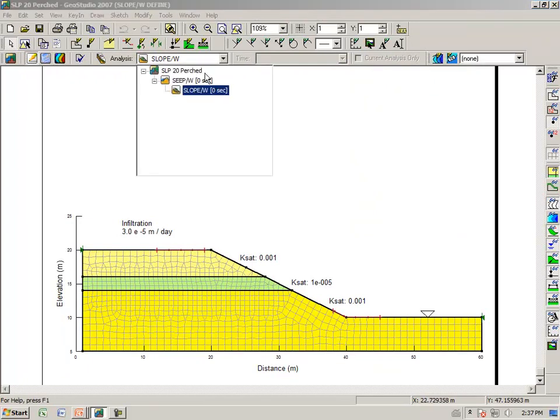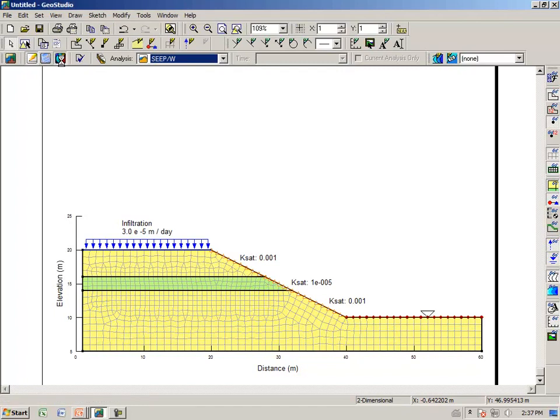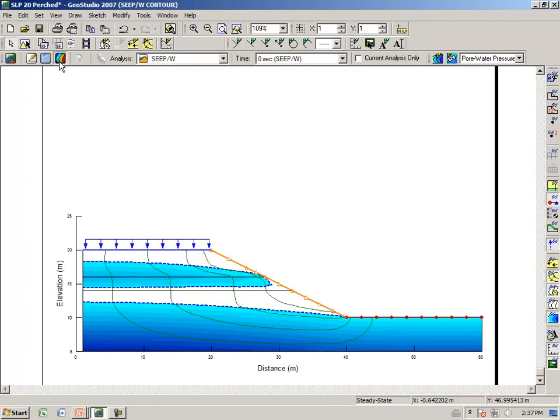Taking a look at the results first of the seepage analysis, what we have done here is we have simulated the infiltration of rainfall. And if the rainfall is a particular rate, then it will produce a perched water table.